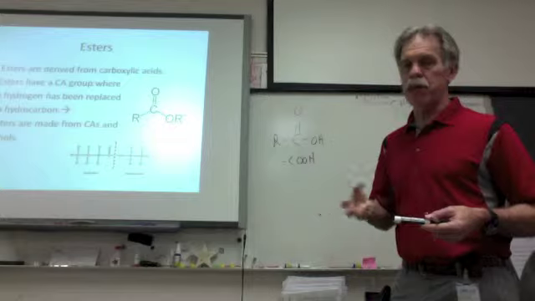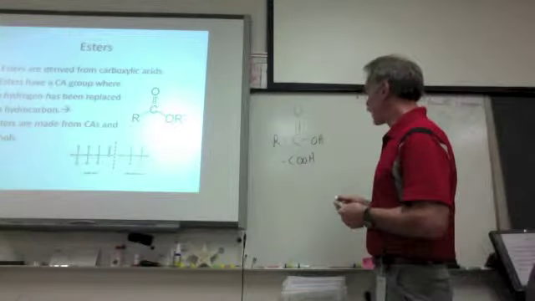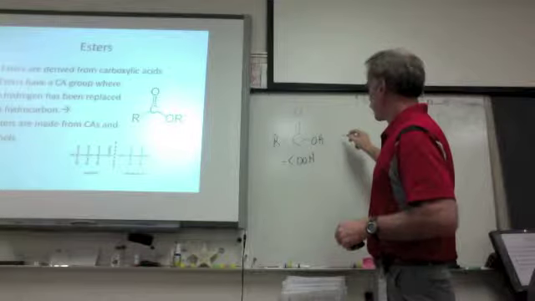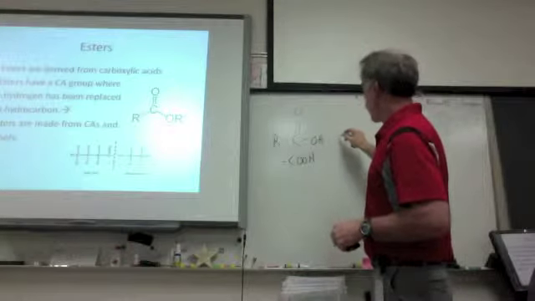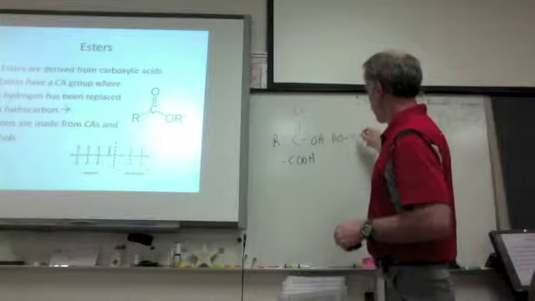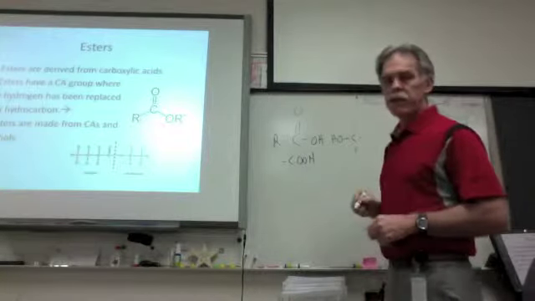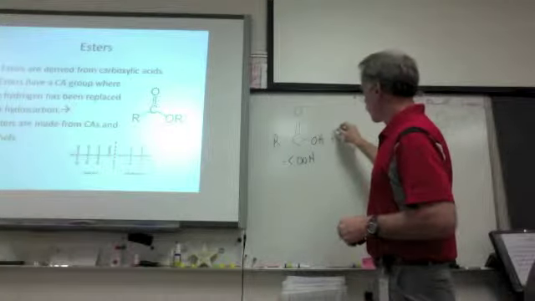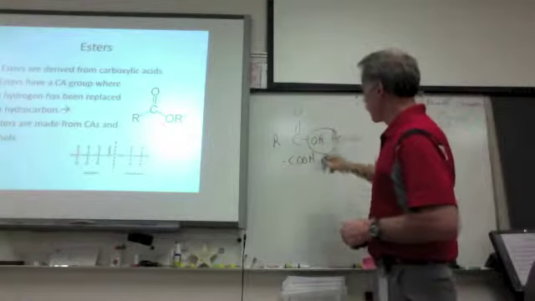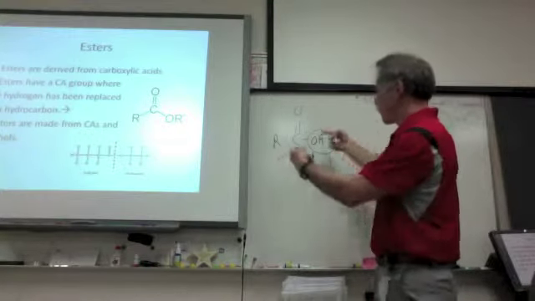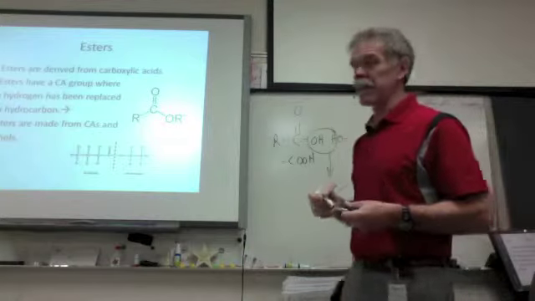So we're going to see the repeating theme over and over about how some of these things are used. On one side, we have the alcohol, and the alcohol loses an H, and the carboxylic acid loses an OH. Water goes away, and then these two parts come together, and that's how we make an ester.